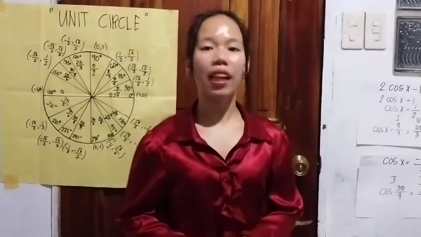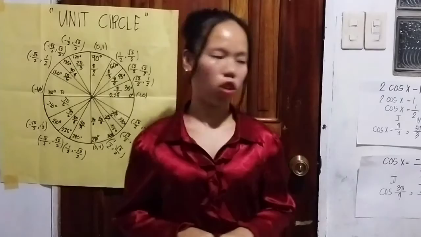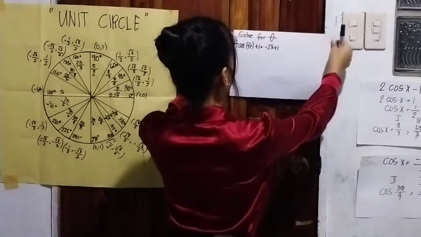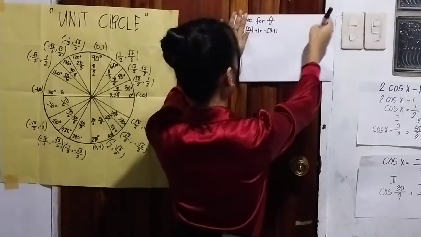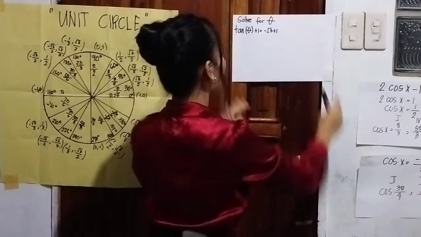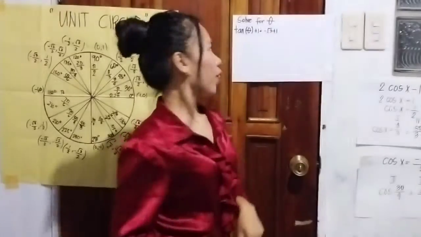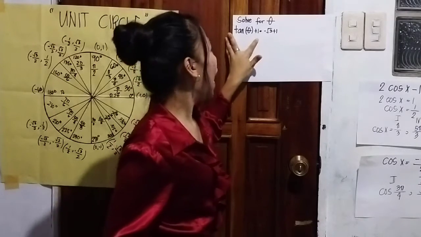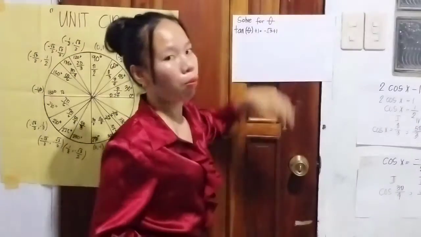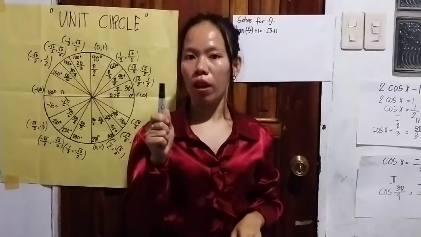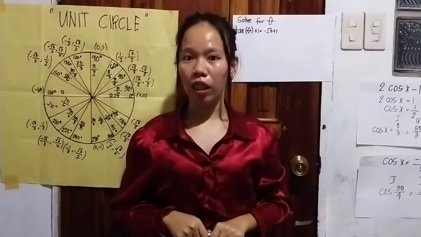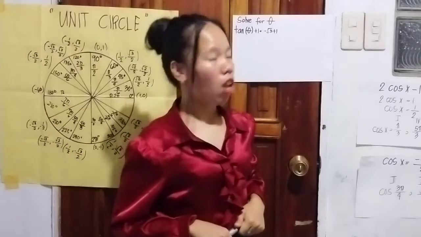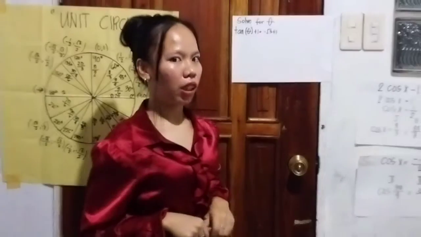So for now, let's solve for theta. Given this equation, which is tan of the quantity theta plus 1 is equal to negative square root of 3 plus 1. Step 1, we use algebraic operations to manipulate the functions by subtracting 1 from each side.